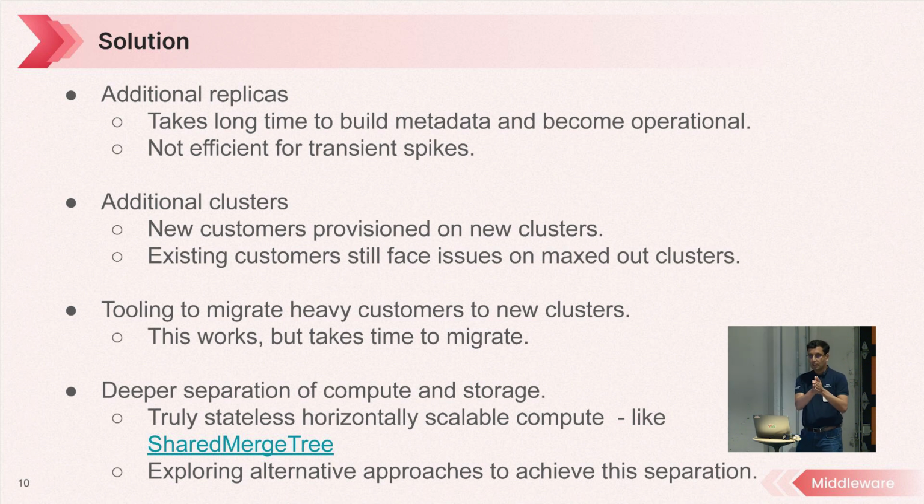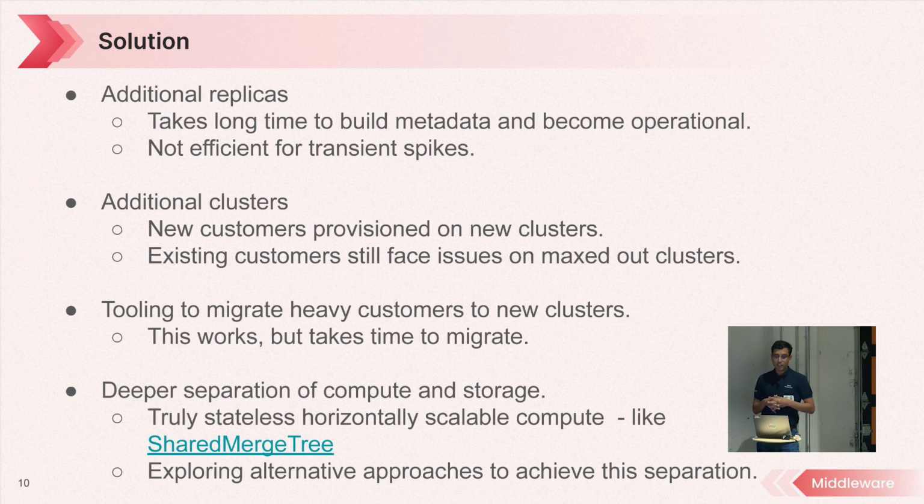All their Kafka compute is stateless, and so it allows us to scale as and when we need it. So we need something similar for ClickHouse. ClickHouse Cloud has shared merge tree, which is exactly that, but unfortunately it's not yet available in open source, and we are self-hosted.